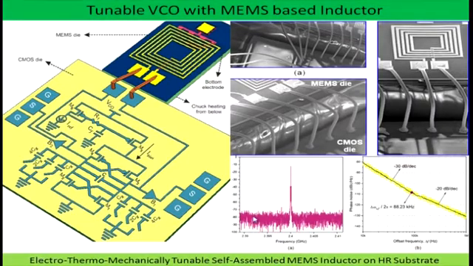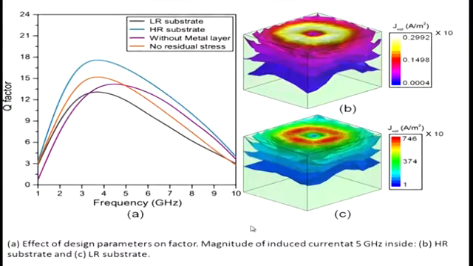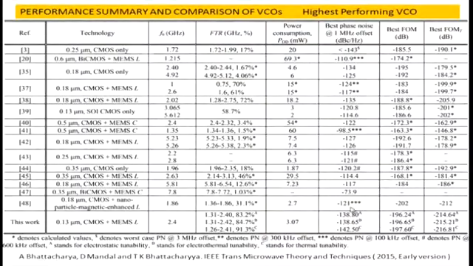I don't have to tell you, just look at the spectrum. No spurs and almost ground. So look at the phase noise performance. If I summarize this, this is the quality factor, and this is the change in the current density. Look at here.